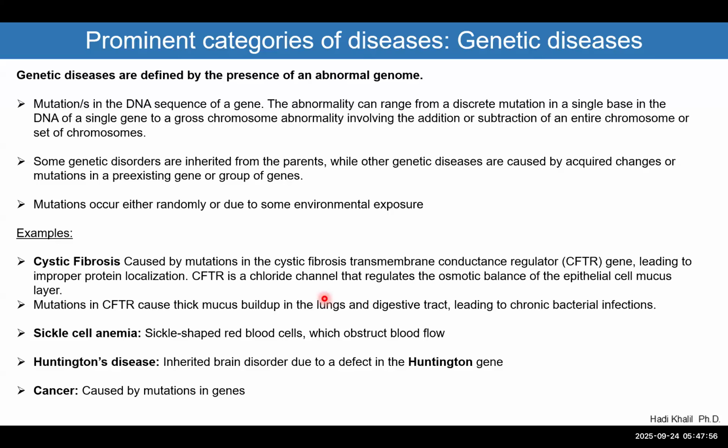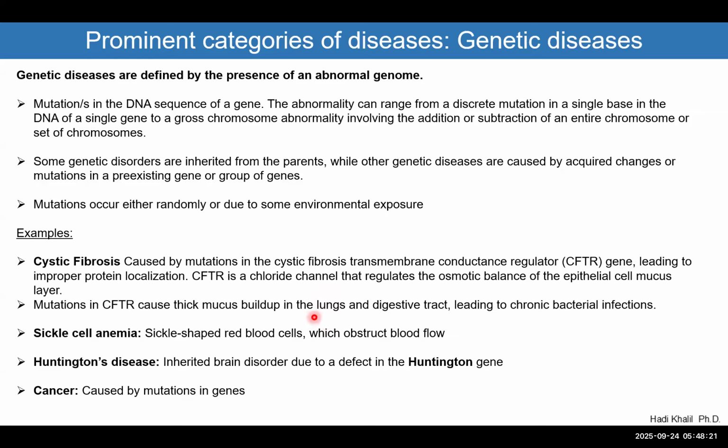Now, losing the function as a chloride channel means that there is an osmotic imbalance, so that there is a change in the amount of the water and mucus that is transferred across the membrane, and therefore these mutations lead to the thickening and the buildup of mucus in the lungs.